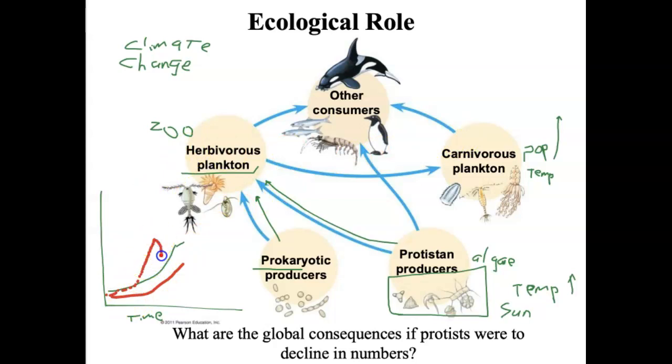So then this leads to a crash in the population size of the herbivore and carnivore plankton, which then reduces food for everything above them in the food chain. So we see some food chains being disrupted significantly because of what climate change is doing to the earth.